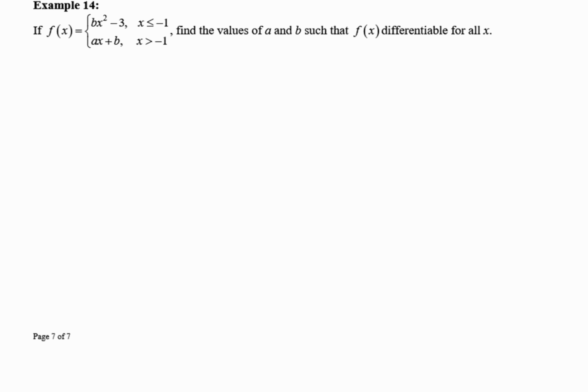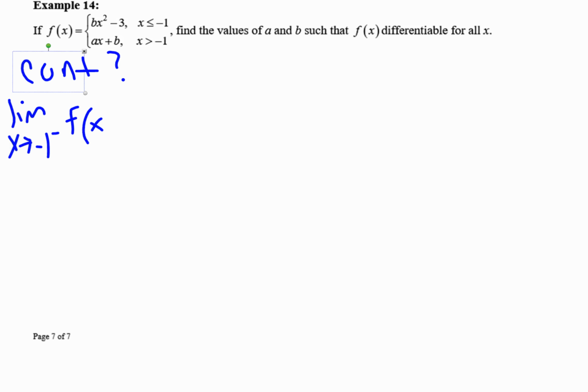Okay, for the next one, we're going to do a similar idea. We're going to check to see if it's continuous. We have a parabola and a linear equation, so the only place it's going to be discontinuous is that jump area. So we'll take the limit as x approaches -1 from the left of f of x. We'll get 2bx, but remember x is -1, so we'll get -2b.